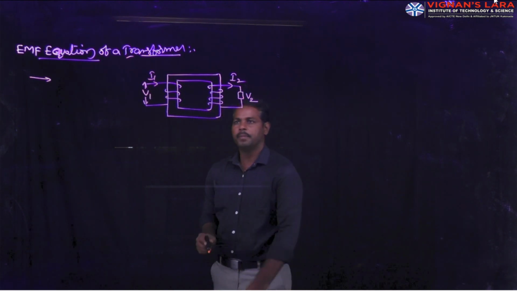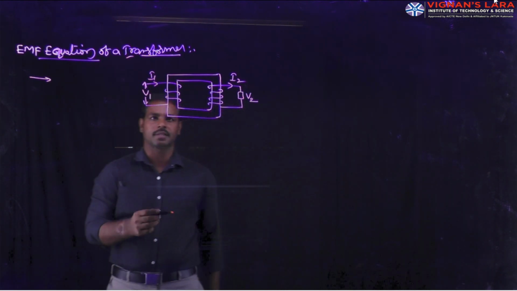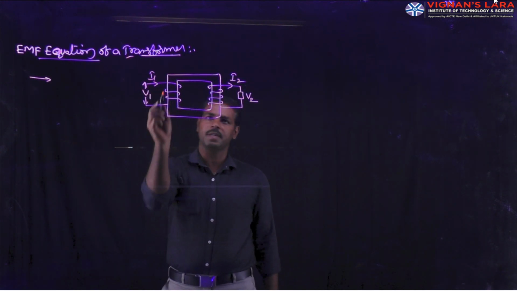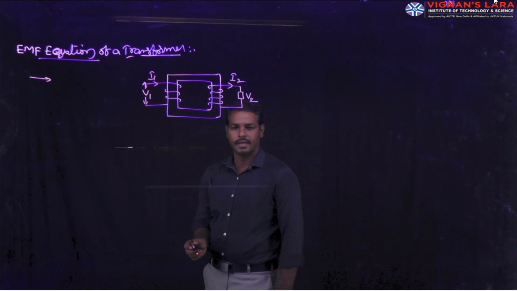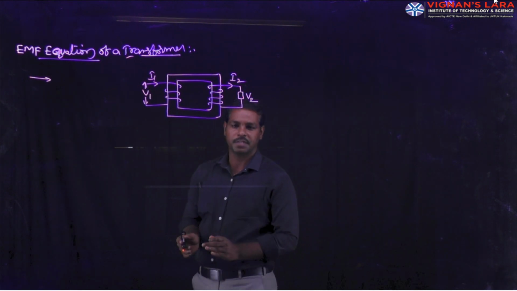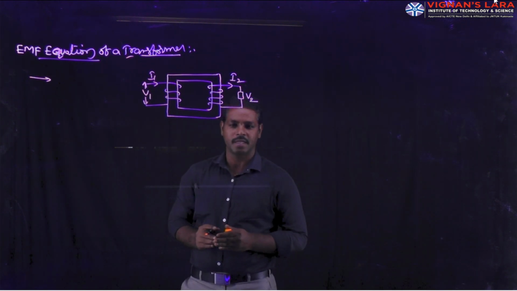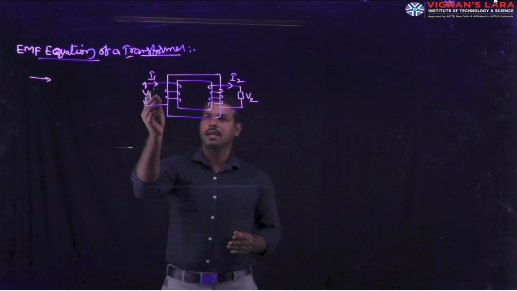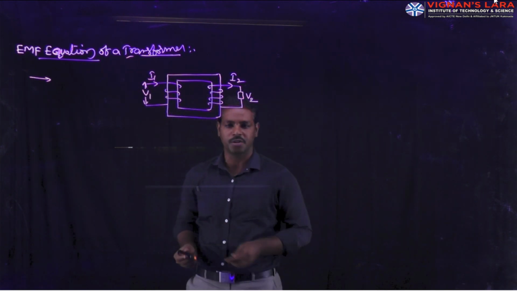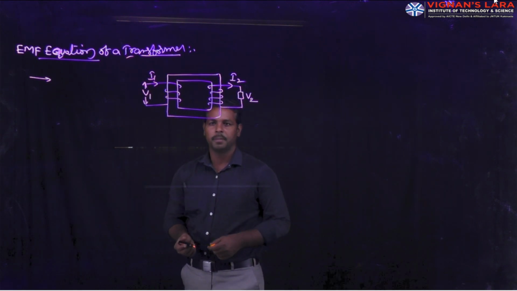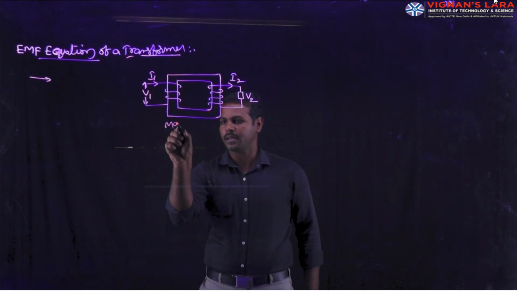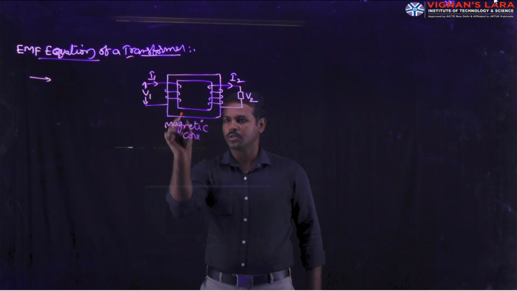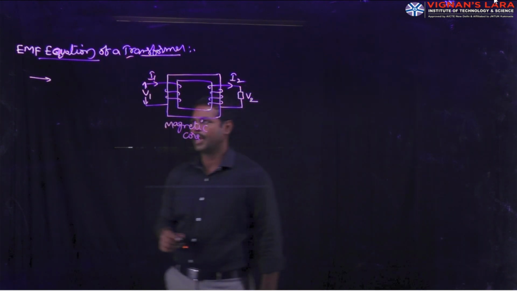This is the basic circuit diagram. The major function of a transformer is that, at constant frequency, without change in frequency, voltage as well as current is transferred from primary to secondary with the help of the magnetic core.